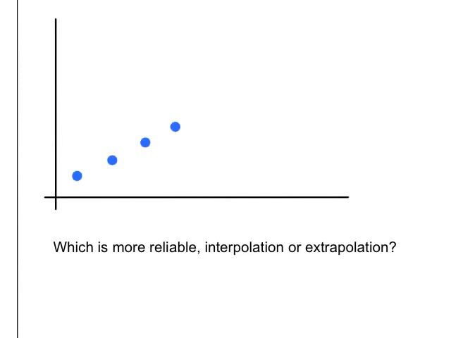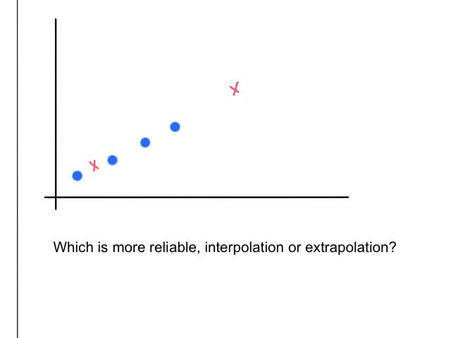So you might take a guess and say, you know what, between these first two data points, I think that I can predict something that's going to happen right there. Okay, that seems pretty reasonable. Now let's say you're going to extrapolate. Beyond the range of the blue data points that we started with, I'm going to predict what's going to happen out here. And then you go back and test it. Well, which one of those do you think is more reliable?